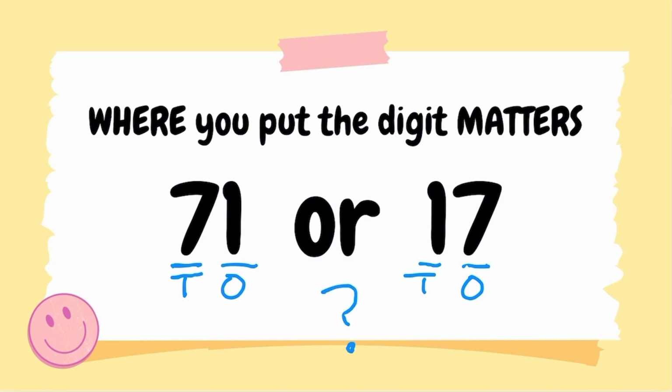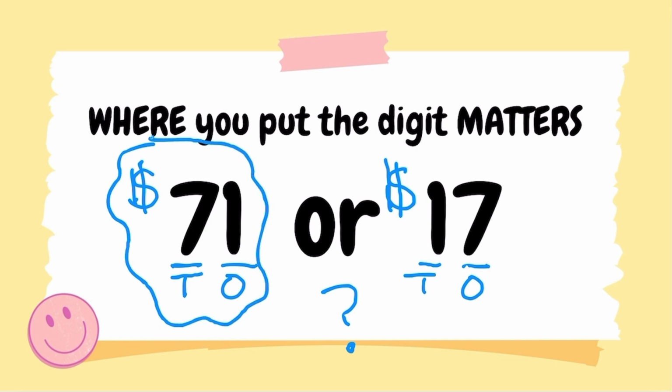And I would ask you, if somebody offered to give you $71 or someone offered to give you $17, which one would you want? Yeah, you would want $71 because it's a lot more, because the digit 7 is worth 70 in that number.